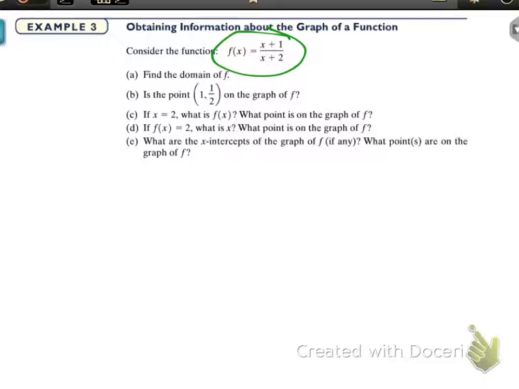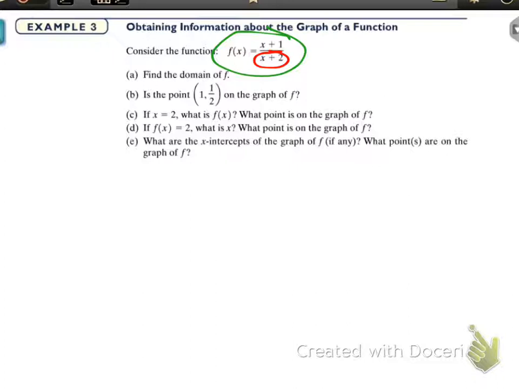We've done that before, so just a quick reminder of how to do that. We have a fraction, so you should be thinking this is a rational function, and rational functions sometimes have zeros in the denominators, and this is no exception.